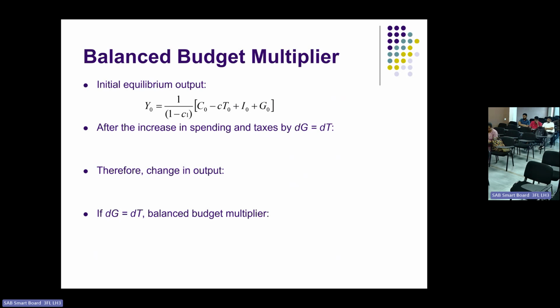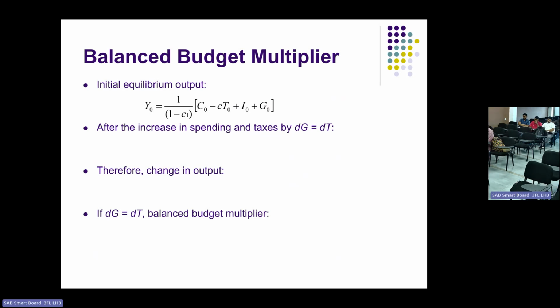This is the equilibrium equation: Y equals 1 over 1 minus C1 times autonomous expenditure. See how you derive this equation.